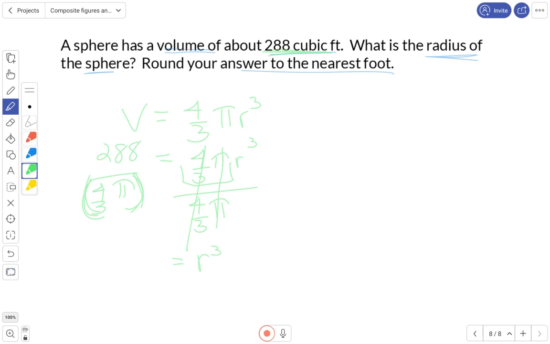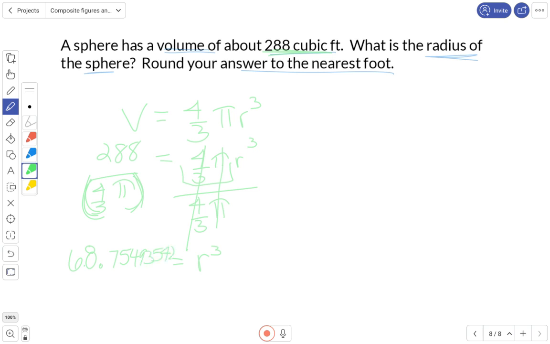Okay, so when you put 288 divided by 4/3 pi into the calculator, you end up with 68.75493542.